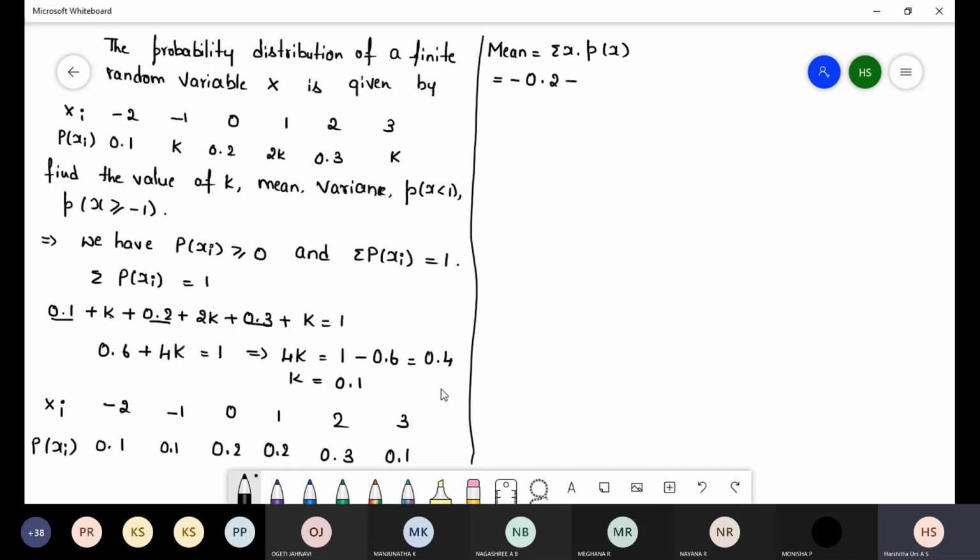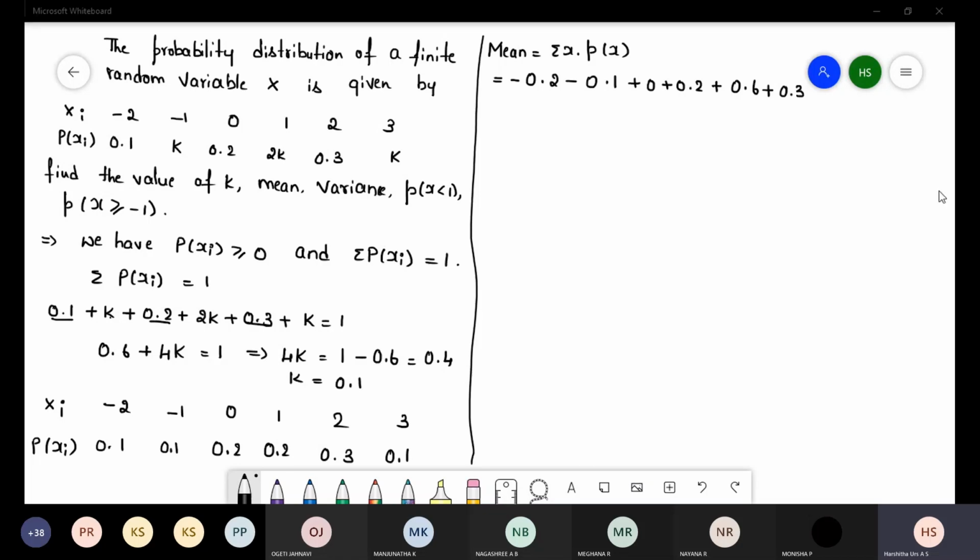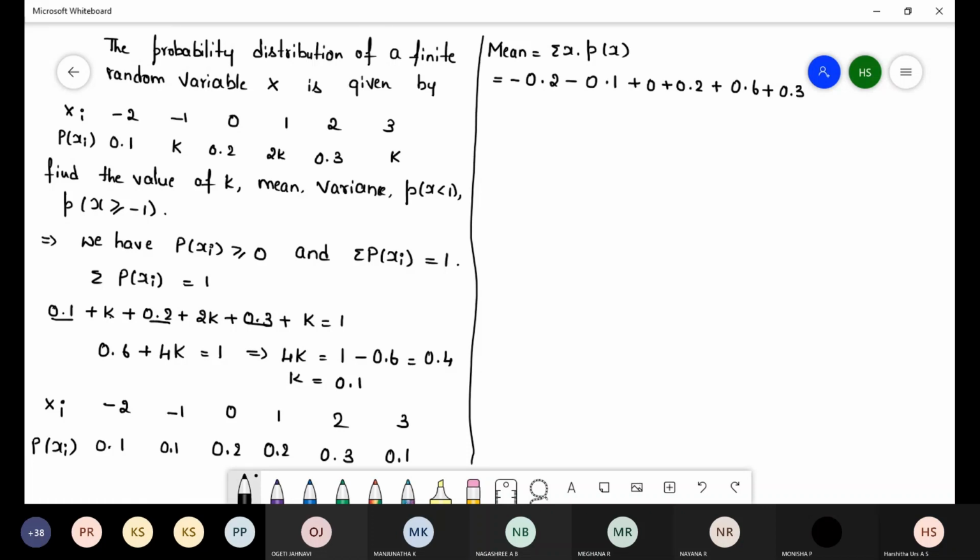Again minus 1 into 0.1 is minus 0.1, plus 0, plus 0.2, plus 2 into 0.3 is 0.6, and 3 into 0.1 is 0.3. Add all this and tell me the mean value. The mean value is 0.8.